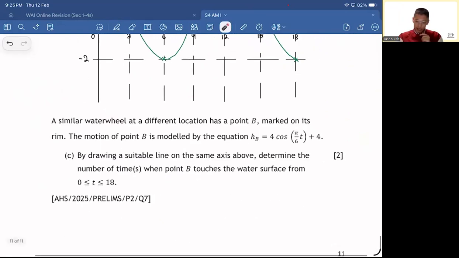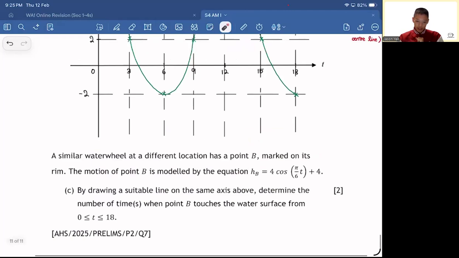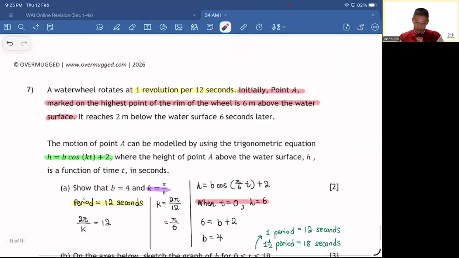But it gives you another curve. How to relate? So determine the number of points where point B touches the water surface. We check context. What does H mean? H means above the water surface. Definition does not change. It's just I change the point A to point B.